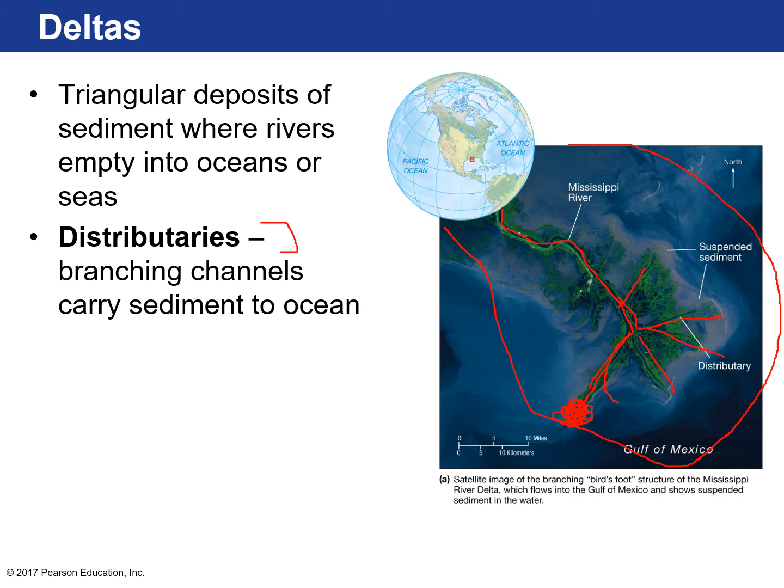Those are just branching channels that carry sediment to the ocean. And so that's why when you look at a river delta like this, you can see a bunch of distributaries, or branching channels, that lead to the ocean. So you're delivering sediment to a number of different areas. And so these are landform features, and they start getting populated by salt-tolerant plant species, and grow over time.